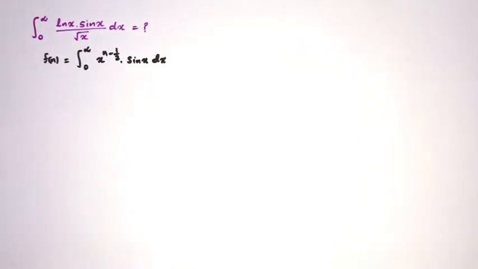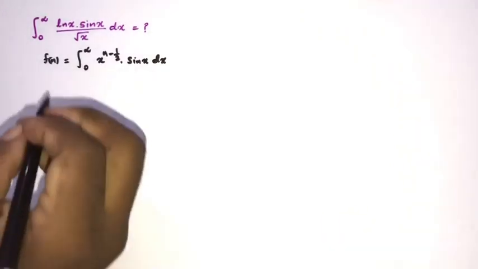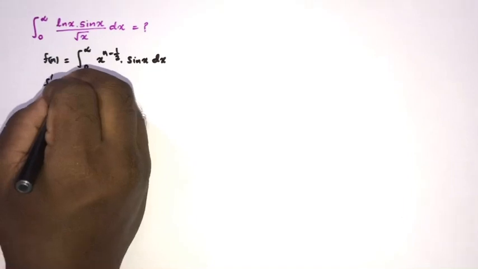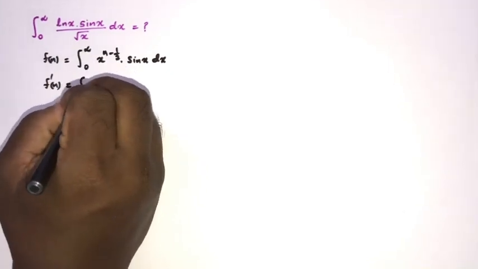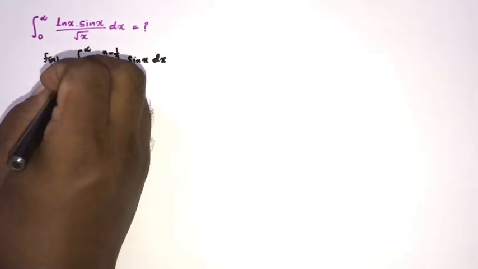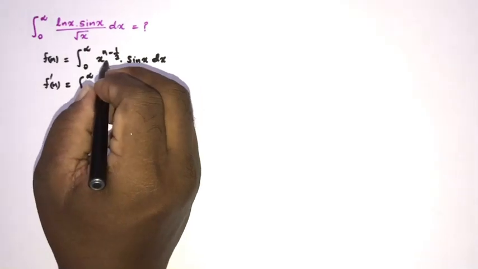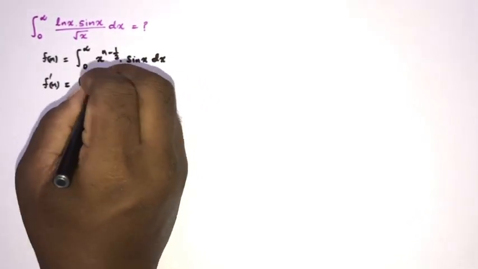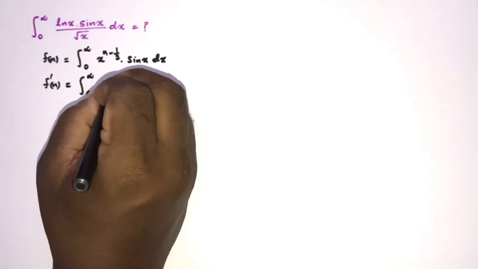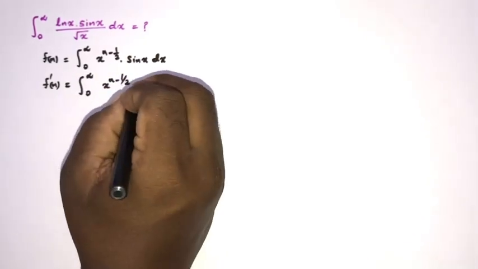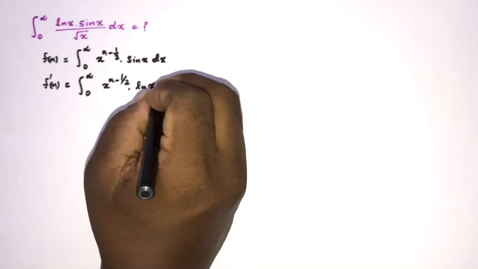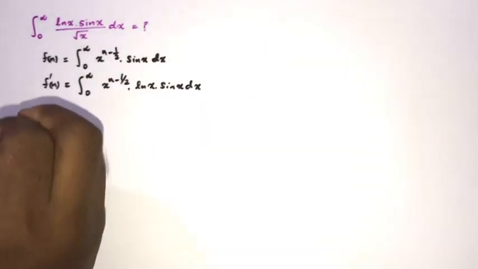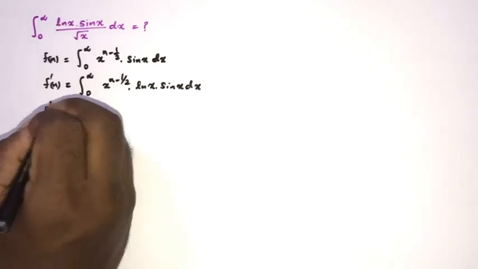Then differentiate with respect to n. So we know f dash of n is equal to the integral from 0 to infinity of x to the n minus 1/2 times natural log of x times sine of x dx. Now let's plug in 0.